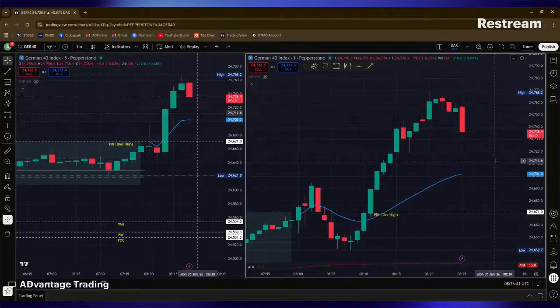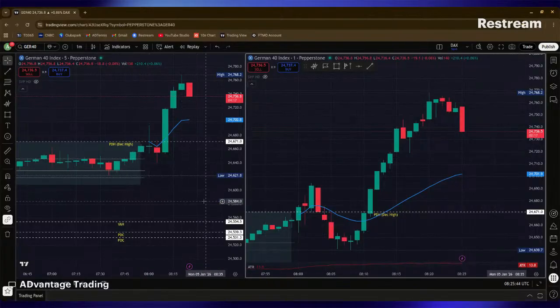So here looks like our first meaningful retracement of the day. First one.